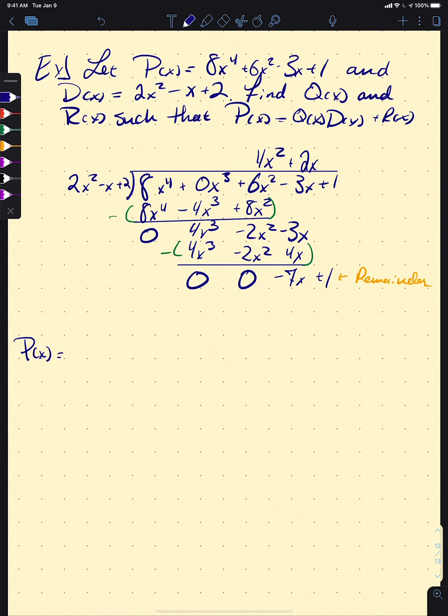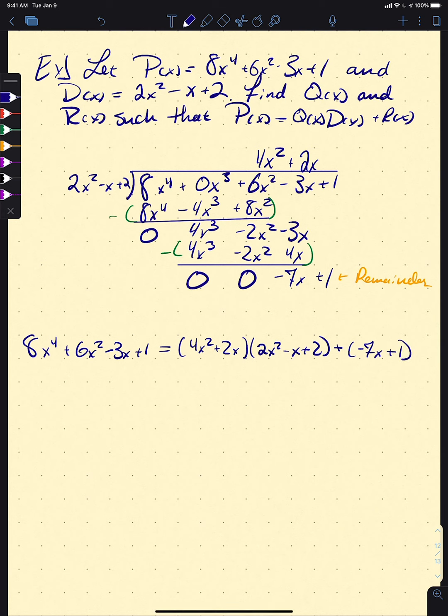We can say that p of x, or rather we'll write out p of x, 8x to the fourth plus 6x squared minus 3x plus 1, is equal to my quotient, q, which is 4x squared plus 2x, times our divisor, which is 2x squared minus x plus 2, plus our remainder, right?